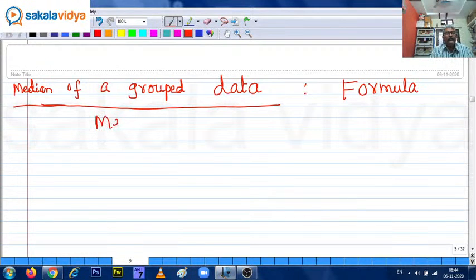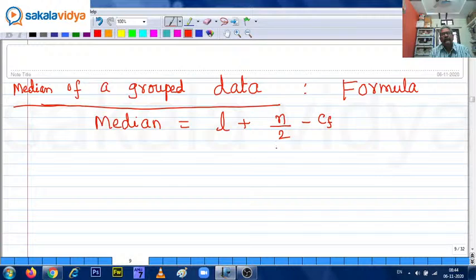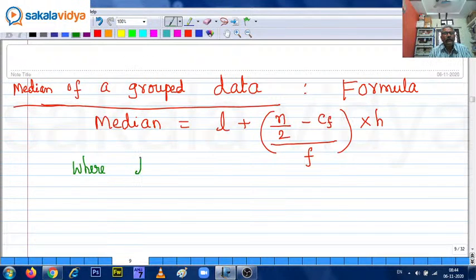Median equals L plus (n by 2 minus CF) upon F, times H. Now you need to write what is L and what is H, where L equals lower boundary of median class.